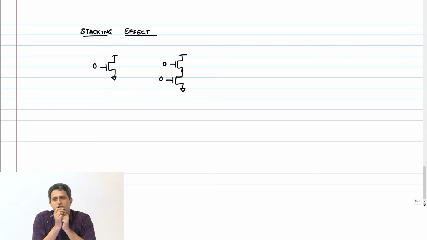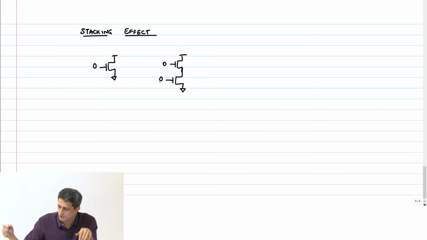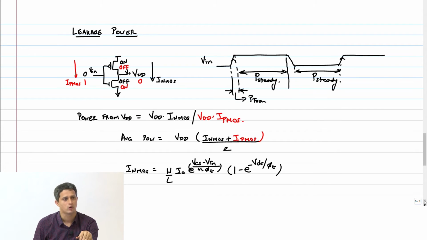Which amongst these two do you think will have lesser leakage current? This is slightly an incomplete question, because I have to tell you now what the widths are, because I just showed you that in the previous expression it also depends.